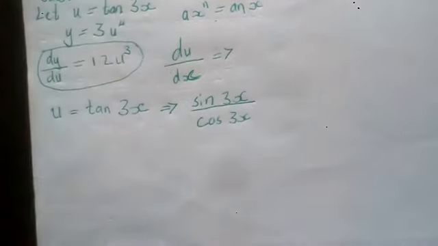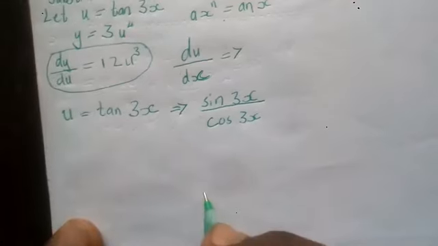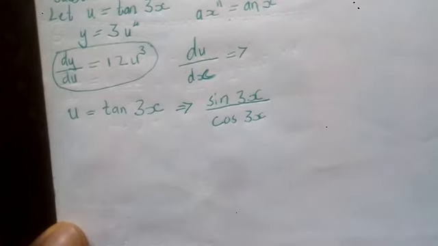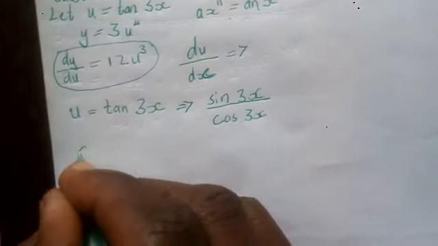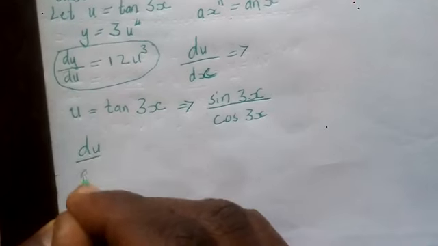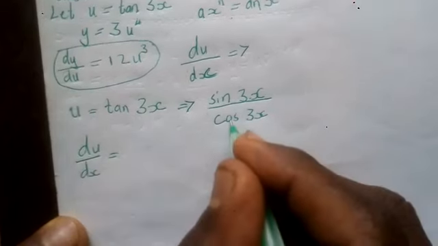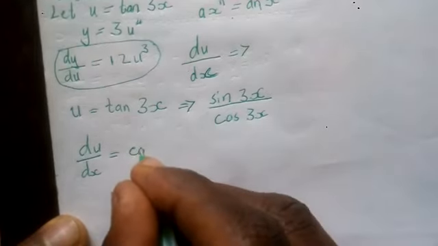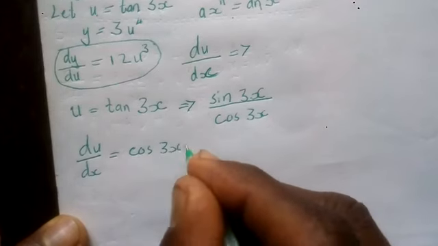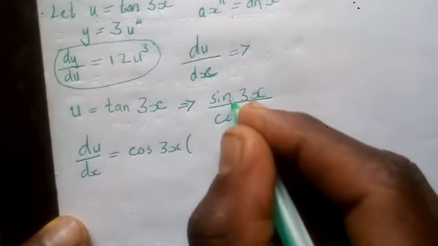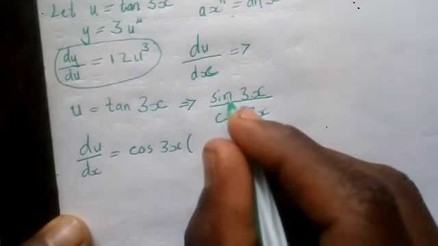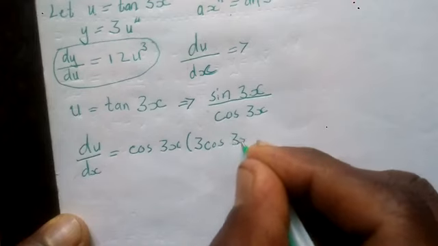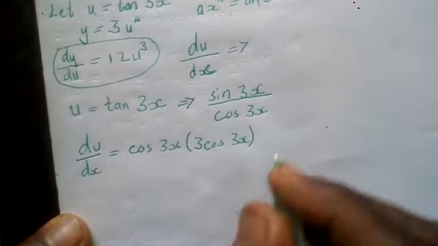We'll have to differentiate this using the quotient rule, whereby du over dx will be equal to cos 3x, you begin with the denominator, cos 3x times the derivative of the numerator, which will be 3 cos 3x. I'll show you how I got that.